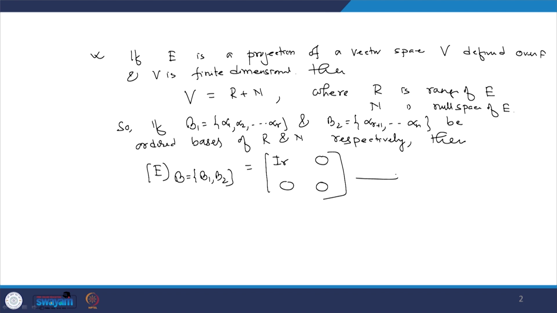Anyhow, we shall utilize this simplified structure to simplify our original operator. To move in that direction, I will see how this projection operator helps to decompose the spaces.